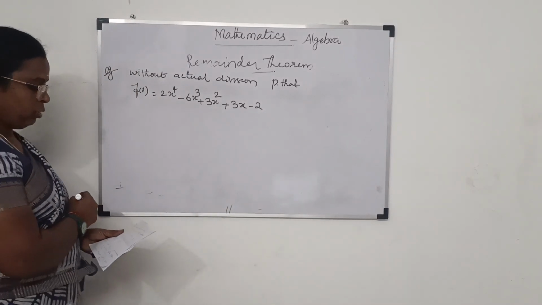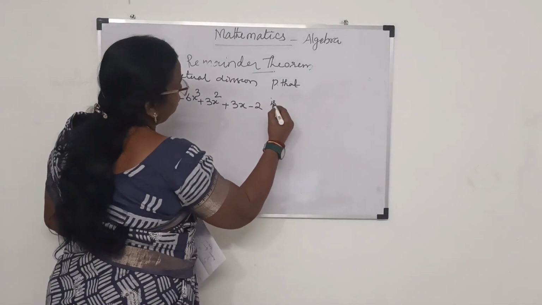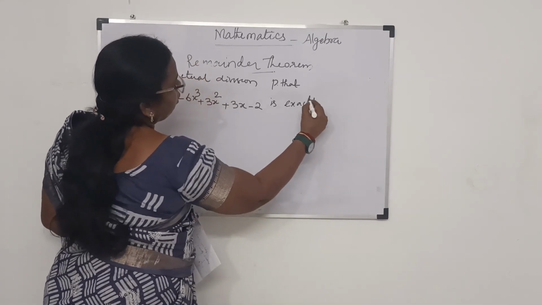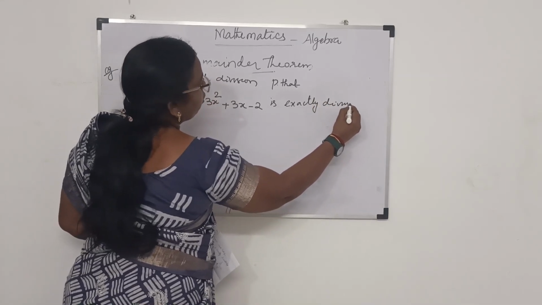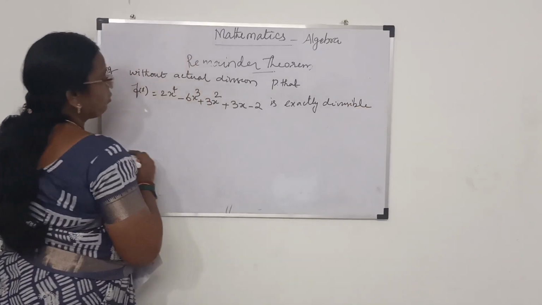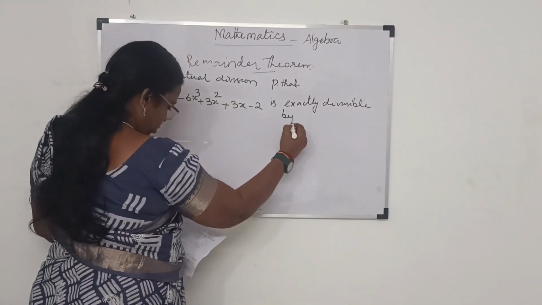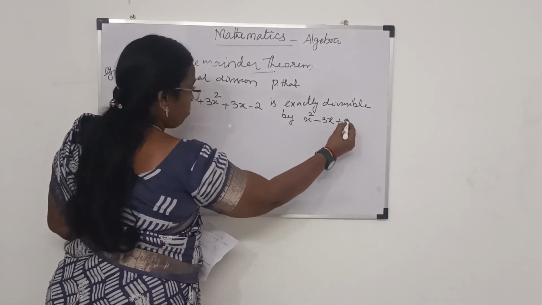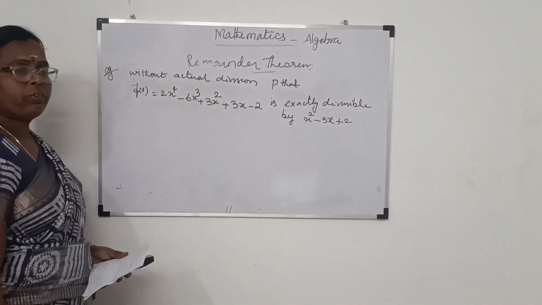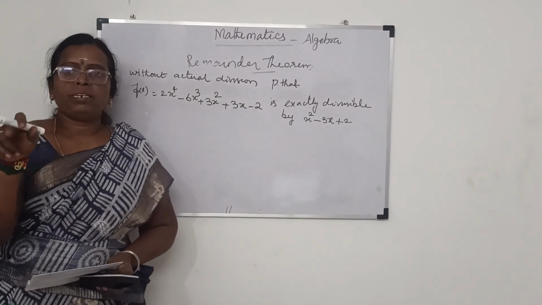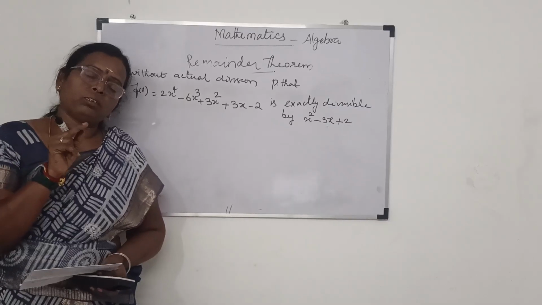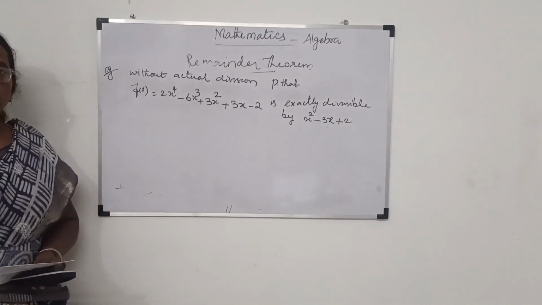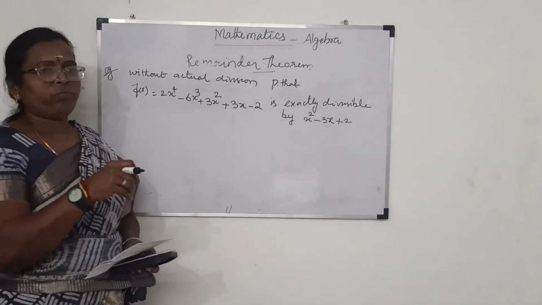f of x is exactly divisible by x square minus 3x plus 2. So if it is in the form of x minus a, x minus b, or x plus a, we can take q of x is equal to 0, and then we can find the substitution value here.